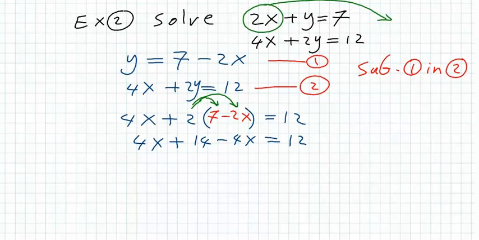So 4x minus 4x is equal to 12 minus 14. This leads us to the left-hand side being 0, equals minus 2.